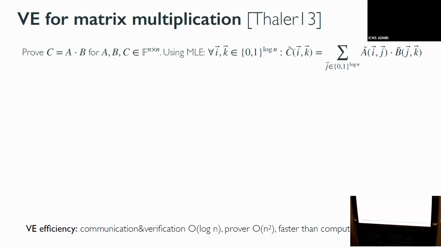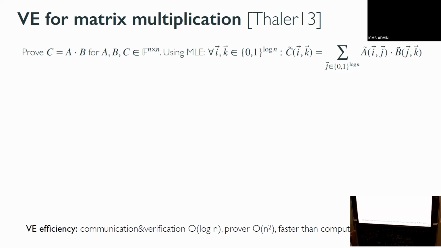Okay, so I'll focus on this because I think it is a very important result in the area of interactive proofs, and then I'll go very fast to the conclusion. To do verifiable evaluation for matrix multiplication, we use a protocol proposed by Thaler in 2013. It's a very influential protocol in the area of sum-check-based proofs. It's a way to do an interactive proof for C equals A times B, where A, B, and C are n-dimensional matrices over a finite field.